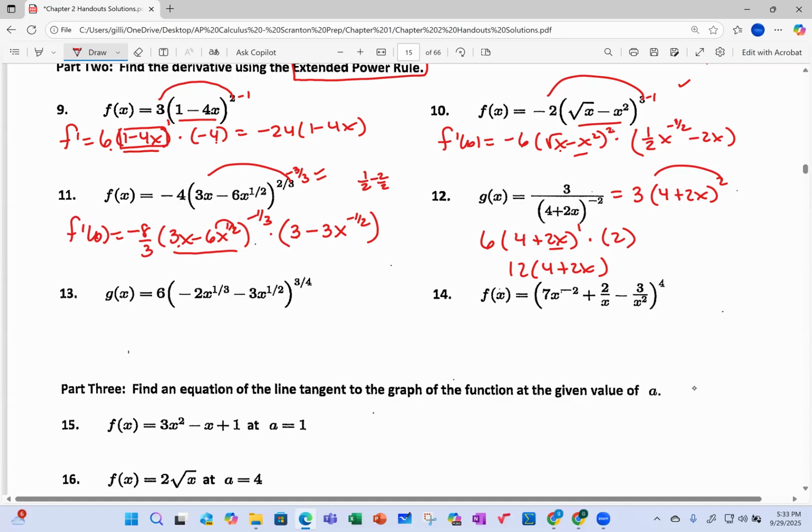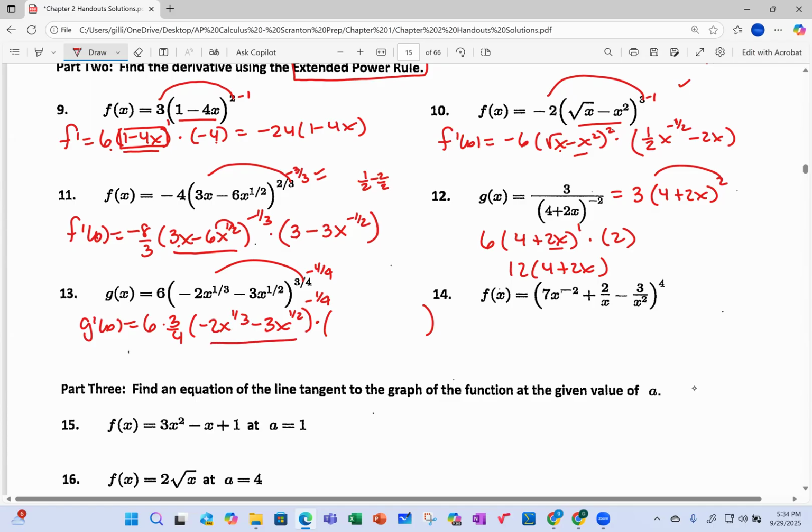In number 13, again, 4 things. Drop down the power and multiply. Repeat the inside. That's only 2. Decrease the power by 1. That's now 3. And the derivative of the inside is multi-step, but it's that fourth step.